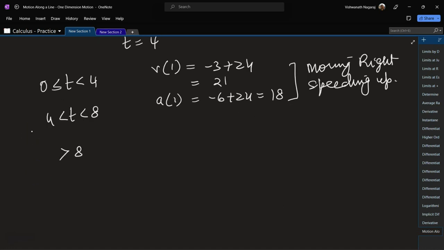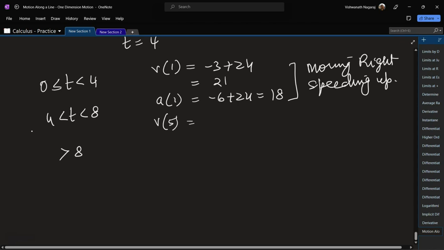Okay. Now V of, let's take 5. This would be minus 3t square plus 24t. So minus 3 times 5 square, that is minus 75 plus 24 times 5, that is 120, which is equal to 45.